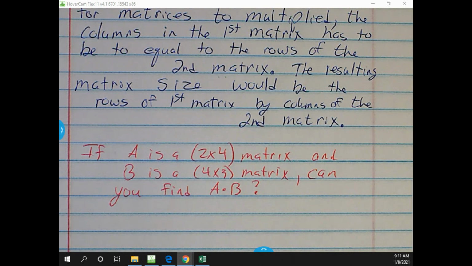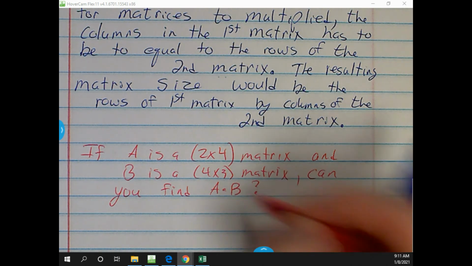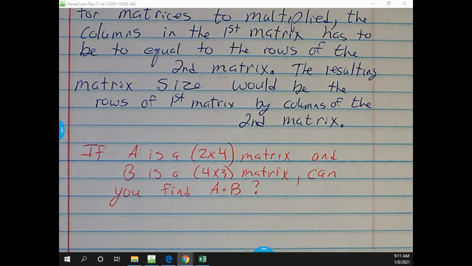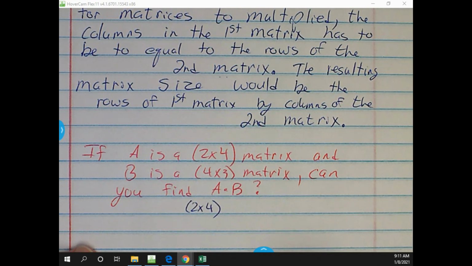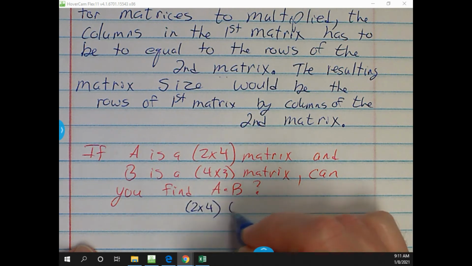Can you find A times B? Now, we'll actually do this on the next one. This one, I just want to give you some numbers so you can see what it would do. If you do A times B, here's all you do. You write down what size A is. So A is a 2x4 matrix. You write down what size B is. It's a 4x3 matrix.